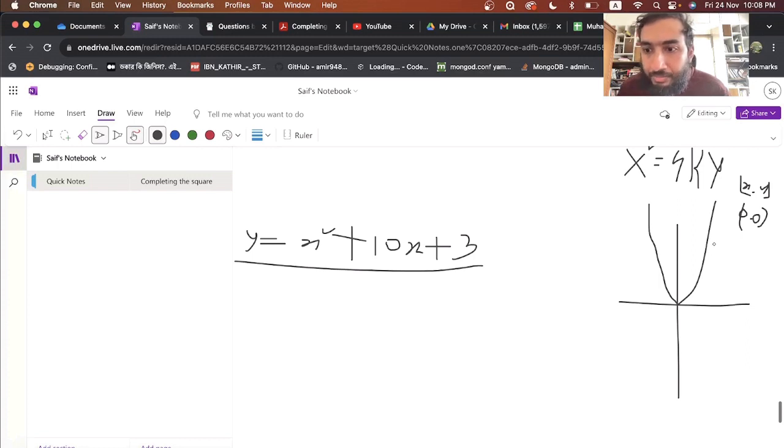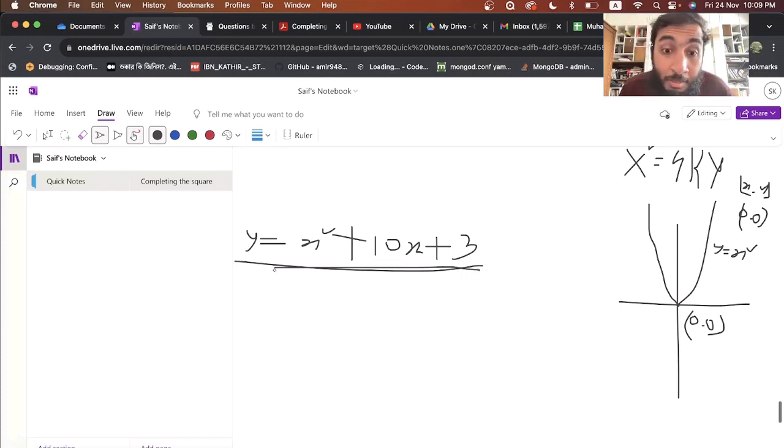So this is an equation for y equals x square, where 0 0 is the minimum coordinate of the parabolic equation. So I have to find the minimum point of this parabolic equation.